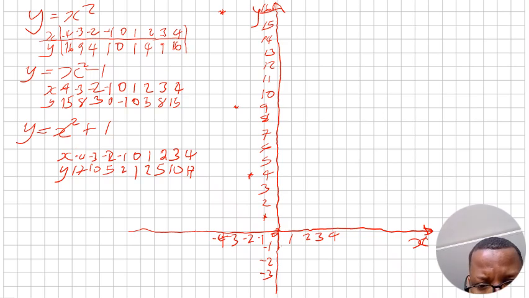When x is equal to 0, y is also 0. When x is equal to 1, y is 1. When it's 2, 4. When it's 3, 9.